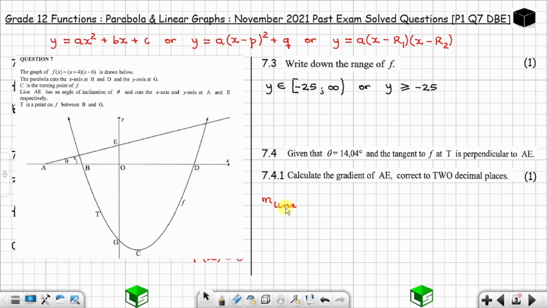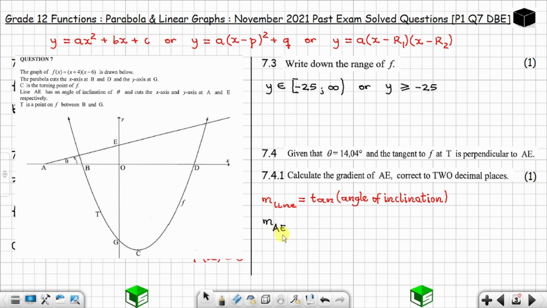So the gradient of a line is equal to the tangent of the angle of inclination. Okay, so you take the tangent of the angle of inclination, and that will give you the gradient of that line. So this is the line. It's forming an angle of inclination theta with the x-axis, right? So to get the gradient of this line, you take the tangent of that angle.